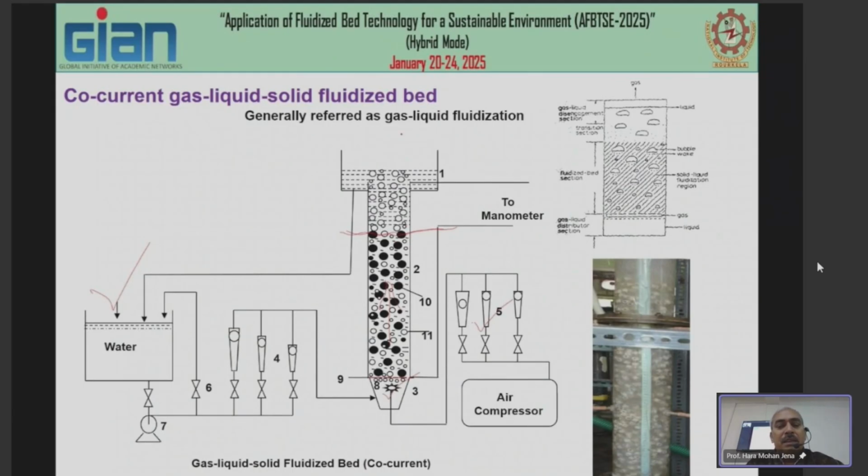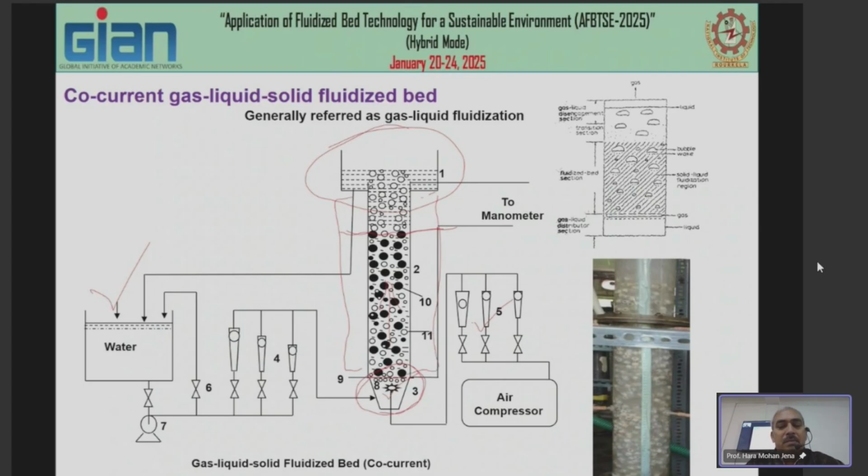Above that there is a two-phase region where gas and liquid are present. At the top of the vessel, the gas leaves the liquid, and this part is nothing but the disengagement section, whereas this part at the bottom is the gas liquid distributor section, and the main fluidized bed, which is called the reactor or the test section, is this much.